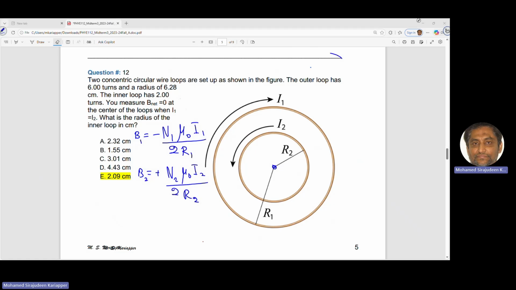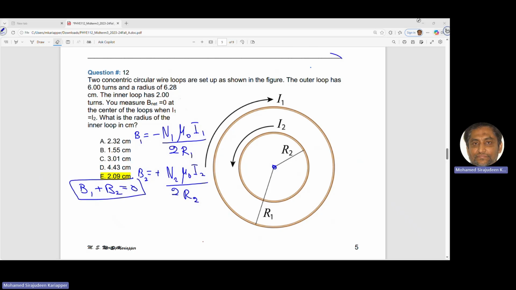Then we know the net field B1 plus B2 is equal to 0. That means the magnitudes are equal. That is the condition given.